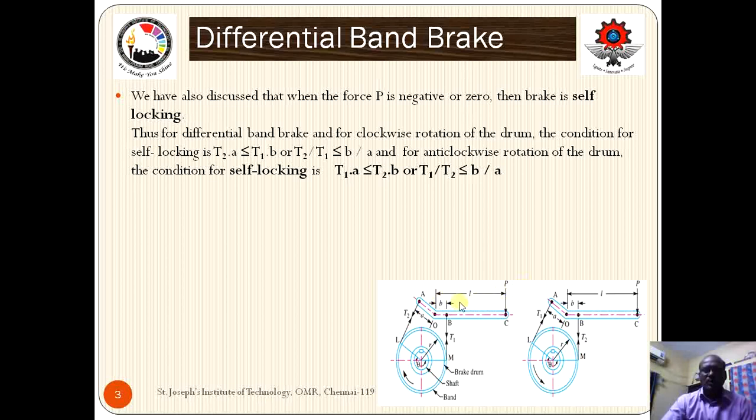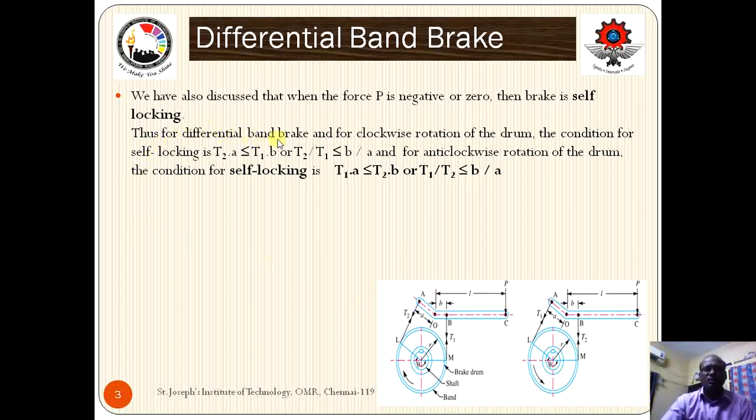So at a certain condition, if you adjust this length, it will automatically self-lock. You should be careful to fix the length of this small a, so that if you reduce the distance too much, it may automatically self-lock. You should know how much, even without applying P, locking or braking may occur.